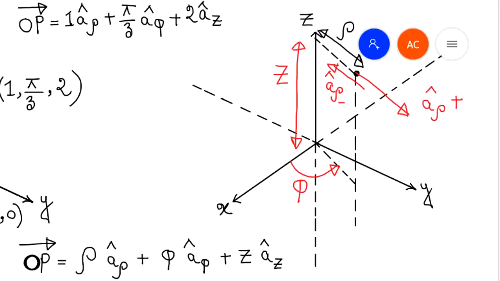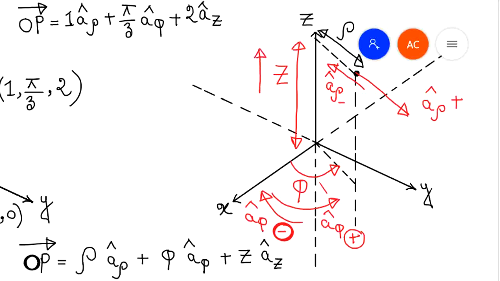What about phi? If something is rotating or going counterclockwise, then a phi will be positive, and if something is going clockwise, then a phi will be negative. What about z? For z, it is the previous way, that is, if something is going up, we'll say az will be positive. On the other hand, if something is going down, then az will be negative.